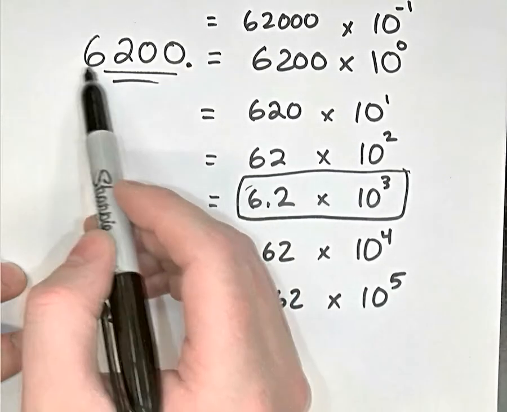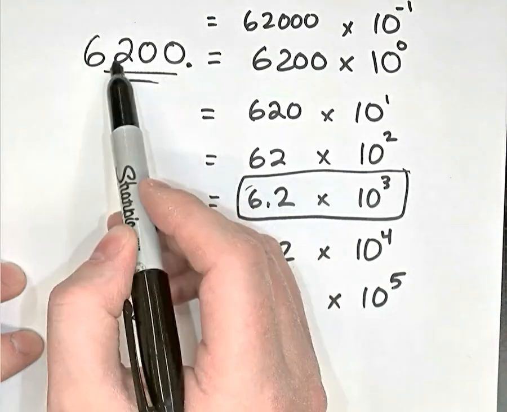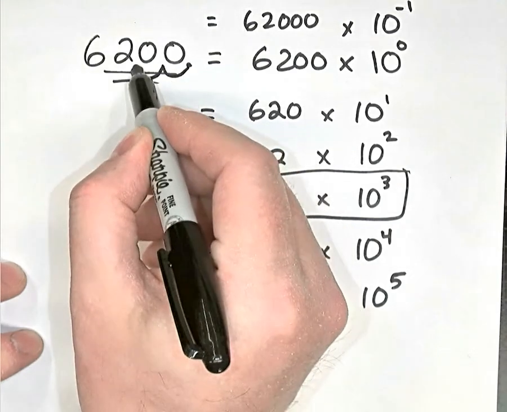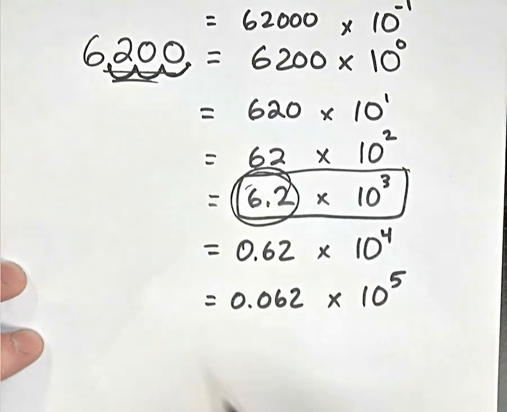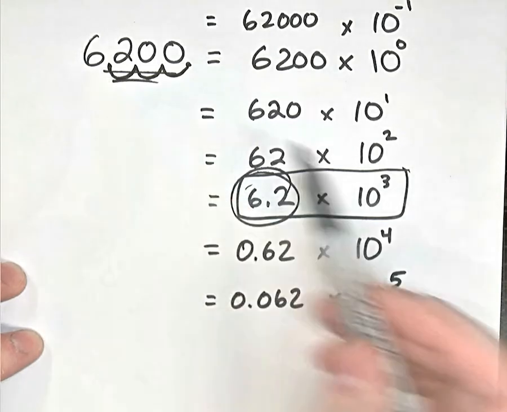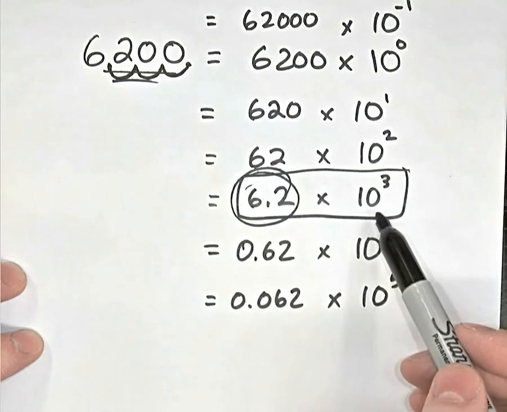So if it's 6,200, the number that ends up being between 1 and 10 would be 6.2. So I'd have to move the decimal 1, 2, 3 places to get 6.2. And then because I moved it 3 places, we ended up multiplying by 1,000, or 10 to the positive 3.